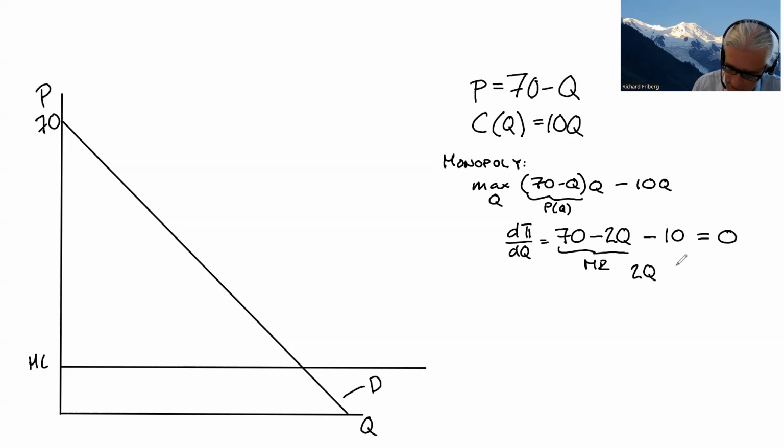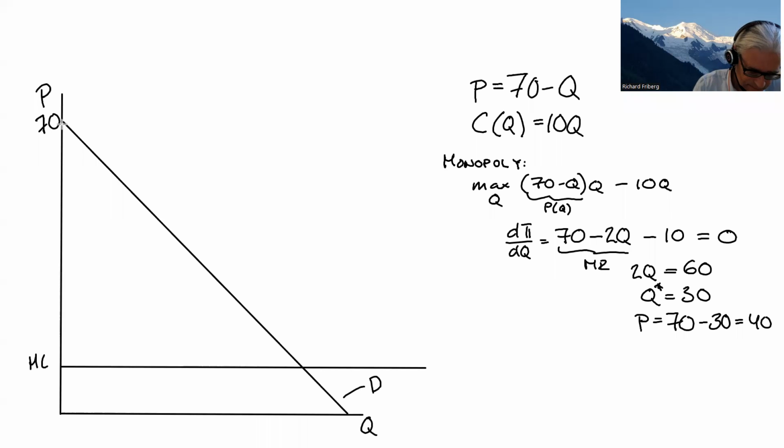So we solve for the optimal quantity, and we find that it's 30, and we plug that into the demand function to find that the price when quantity is 30 is equal to 40. Okay, so let's draw that. We have a marginal revenue function that has twice the slope.